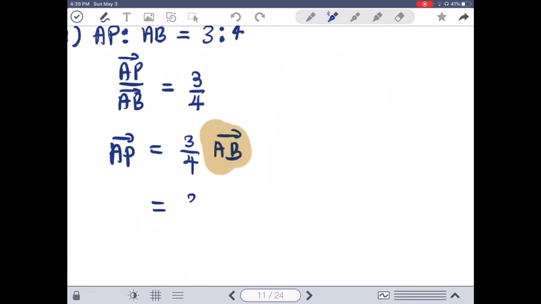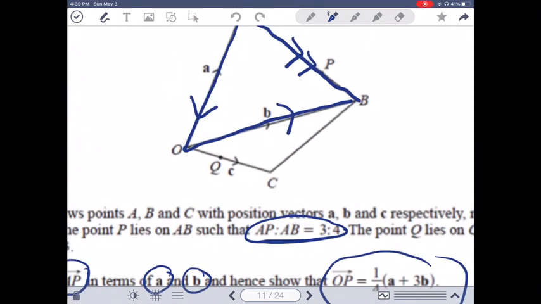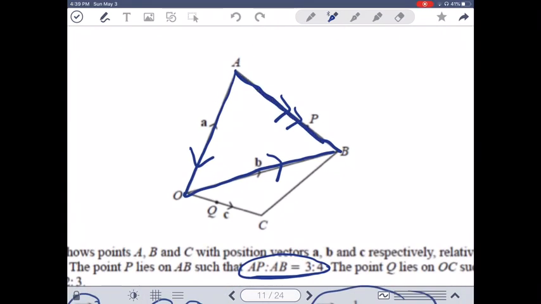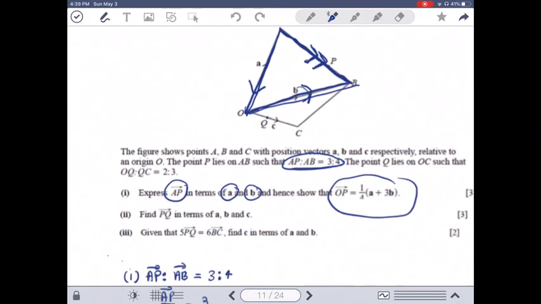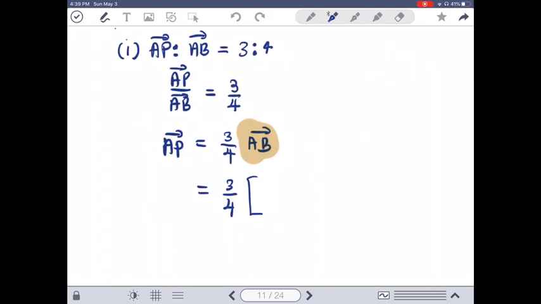Again, 3 over 4 times, from the diagram, AB is equal to AO plus OB.